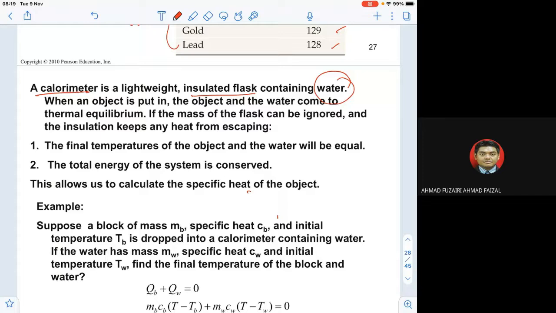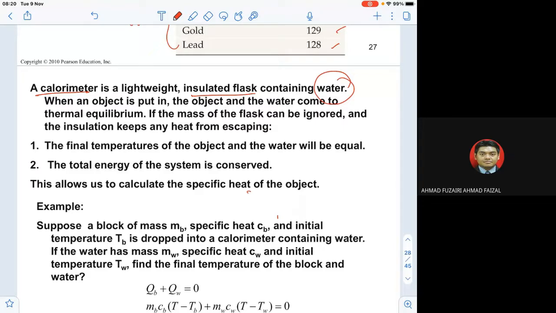So you can have a flask with water, but right now we cover the flask so that it becomes a calorimeter. Very easy to make a calorimeter: you just need a flask, but you need to cover it.